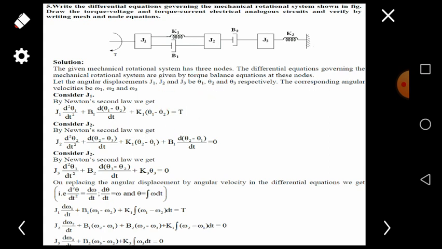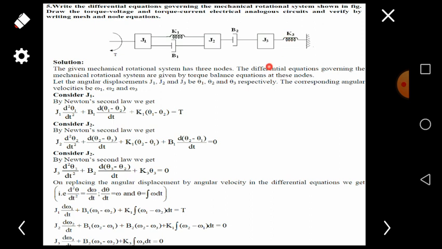Now we are going to write the equation for J3. From Newton's second law, applied force equals actual force. There is no applied force on J3, therefore it will be equal to 0. Now we consider J3 into d square theta 3 divided by dt square plus b2, which is connected in between J2 and J3.